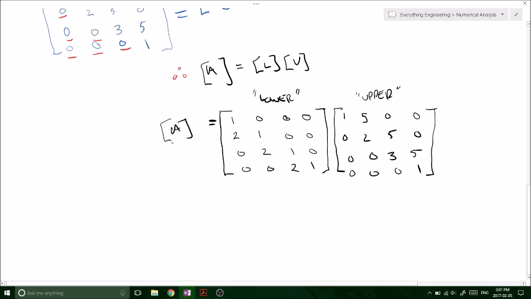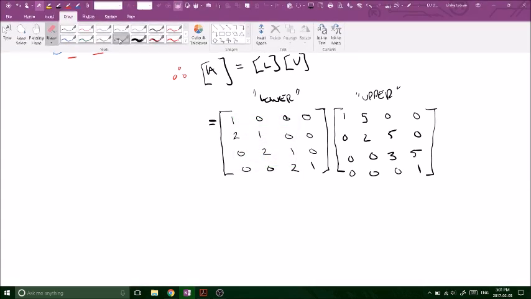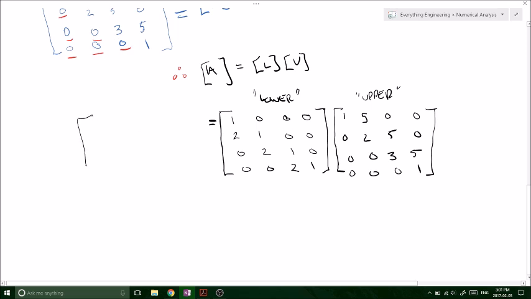We can show that our original matrix A, if you perform the entire matrix multiplication of these lower and upper matrices, you will actually get our original matrix that we started with, A. So perform this on your own, the matrix multiplication, and prove to yourself that this product of the lower and upper triangular matrix actually equals the original matrix that we started with.